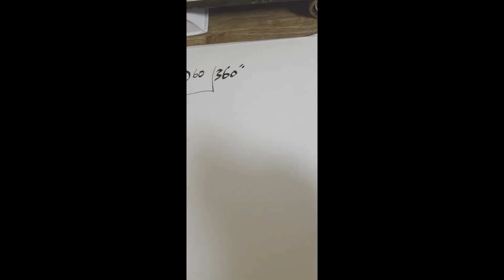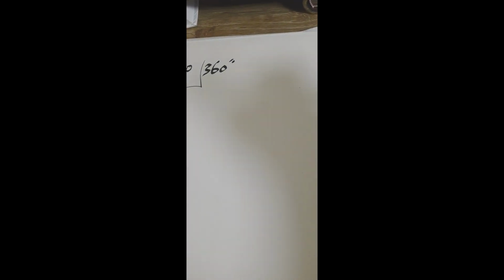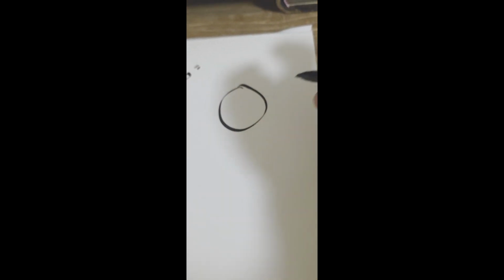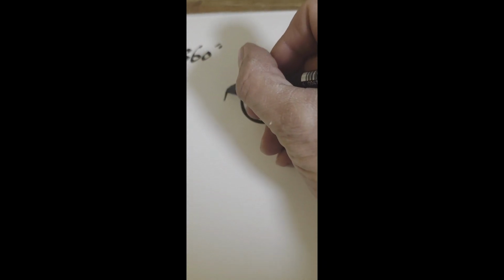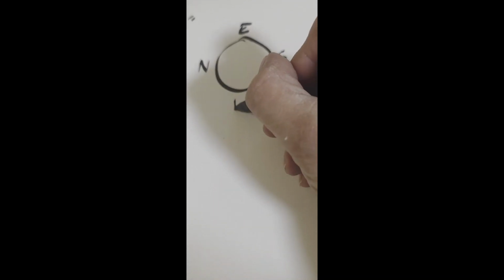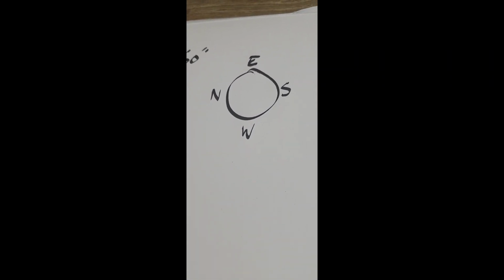And one could say that, like the Earth, for example, four corners of the Earth, then you would have in the Kabbalah north, east, south, and west.